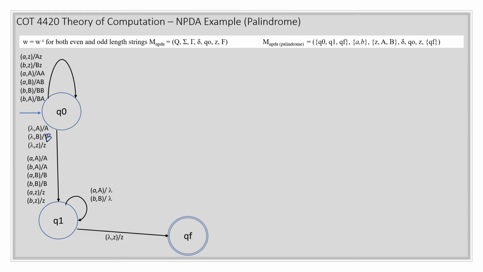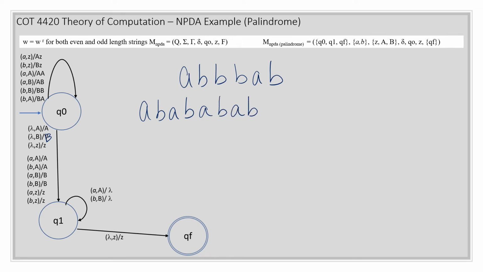All right, so let's do a few examples here. We have A, B, B, B, A, B, and A, B, A, B, A, B, A, B, A, B, A, B, and B. Let's just do a couple examples and see if our NPDA is working as expected.